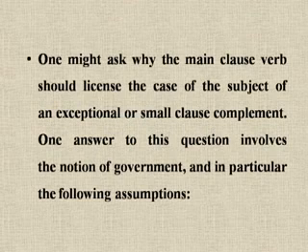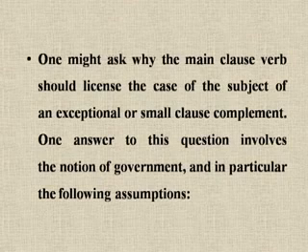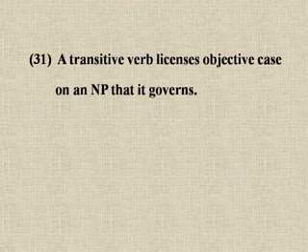One might ask why the main clause verb should license the case of the subject of an exceptional or small clause complement. One answer to this question involves the notion of government and in particular the following assumptions. A transitive verb licenses objective case on a noun phrase that it governs.